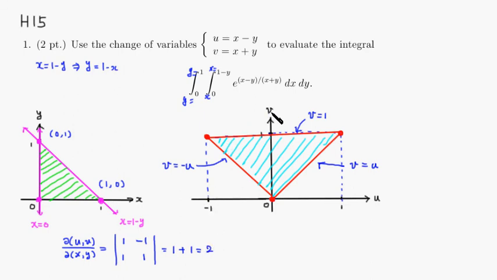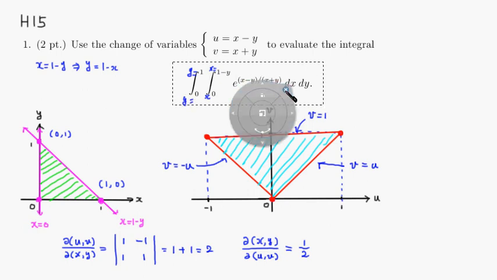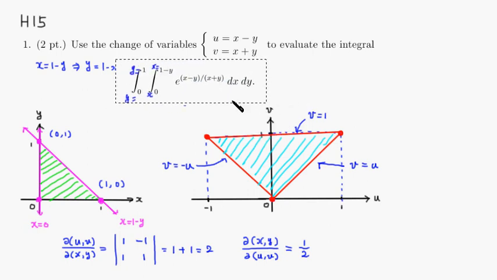The Jacobian we really want is the reciprocal of this, because we want the partial with respect to the old variables, x, y, with respect to u and v. So all you have to do is take the reciprocal, so it's 1/2. Let's rewrite this double integral here. I'm going to give myself a little more room by moving this over here.